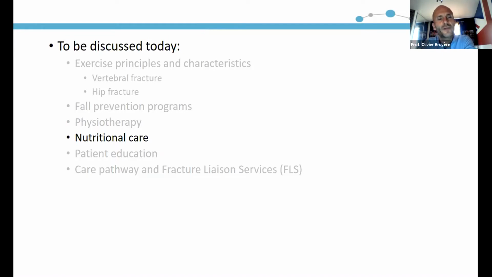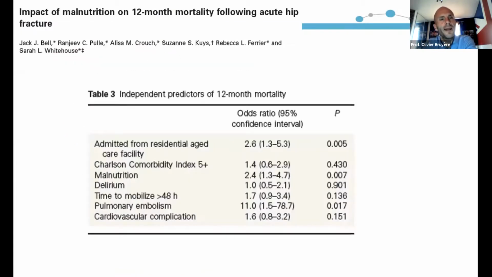Very quickly, I would like to highlight the importance of nutritional care. Why? Because if we try to assess the risk factors for future mortality after a hip fracture, it's very interesting to observe that malnutrition is an important risk factor for mortality after fracture, suggesting that we need to take care of this malnutrition.